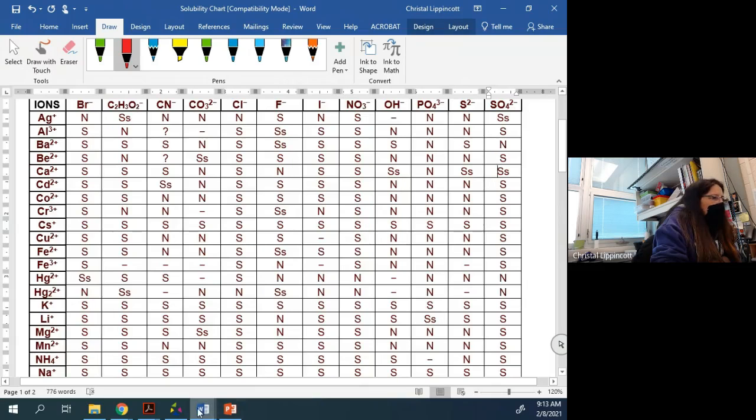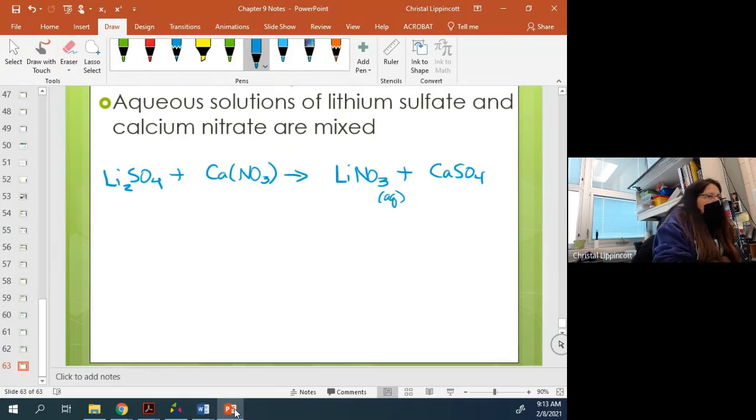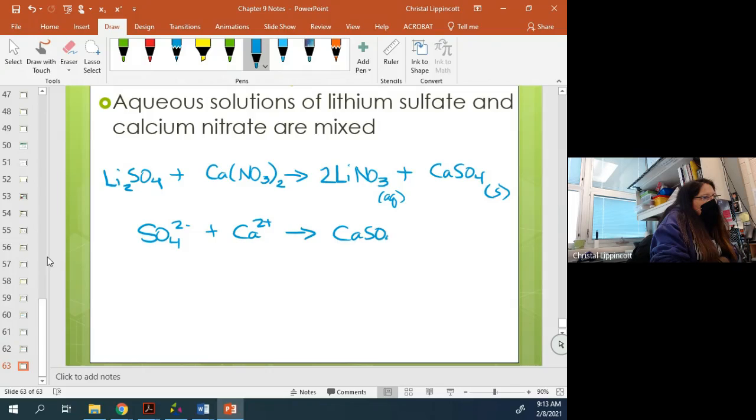Okay, it is solid. So I do need to balance my equation. Oops, didn't have that written correctly. There we go. So SO4, calcium, and there you go.